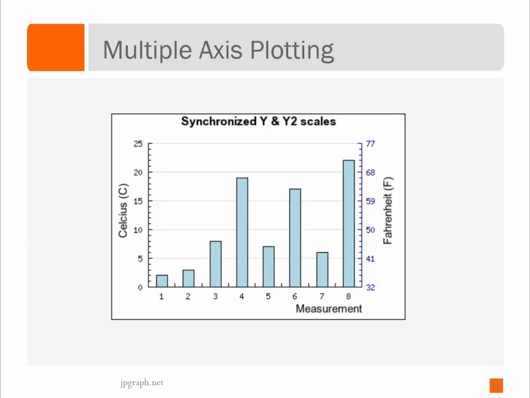On the left-hand side, we have the Celsius temperature scale, and on the right-hand side, we have the Fahrenheit temperature scale. And these happen to be synchronized because the temperature measurement is exactly the same. We just have 2 different scales, the Y and the Y2 on the left and the right of the visualization.